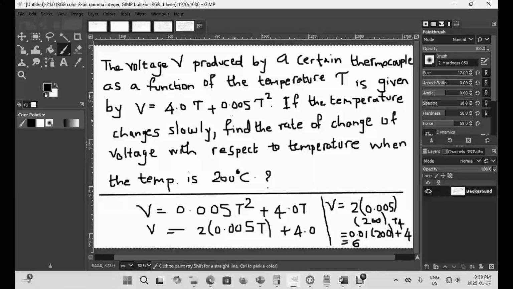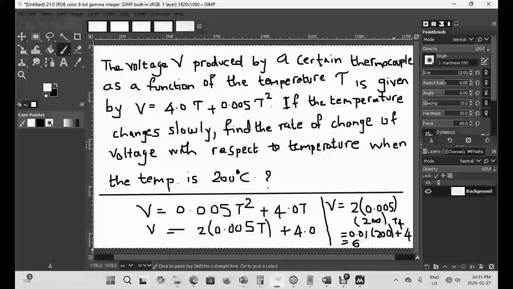If the temperature changes slowly, the rate of change is 6 volts per degree Celsius.